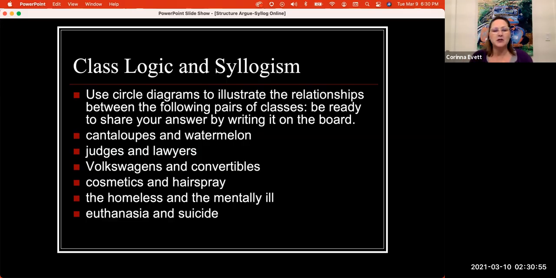And then euthanasia and suicide, again, it depends on your worldview. It depends on how you perceive and understand euthanasia, which is defined as physician-assisted suicide, and that's an interesting definition, and we might not agree with that definition. If suicide's in the definition, is it suicide? But if it's assisted by somebody else, is it suicide? Or might some people, and some people do, call it murder rather than assisting someone else to end one's life?